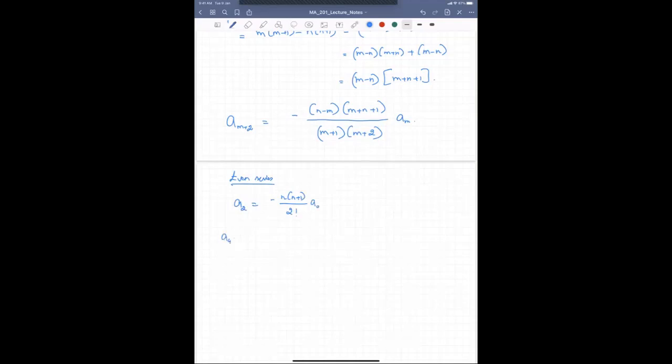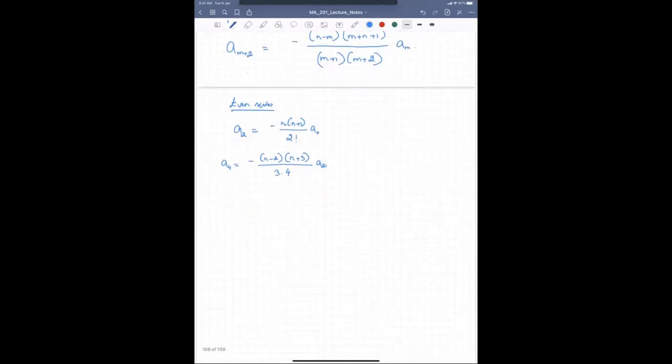My a4 would be minus, I'm going to write m as 2, so this is (n minus 2) times (n plus 3) divided by (2 plus 1) which is 3, (2 plus 2) which is 4, so 3 times 4, a2, right?